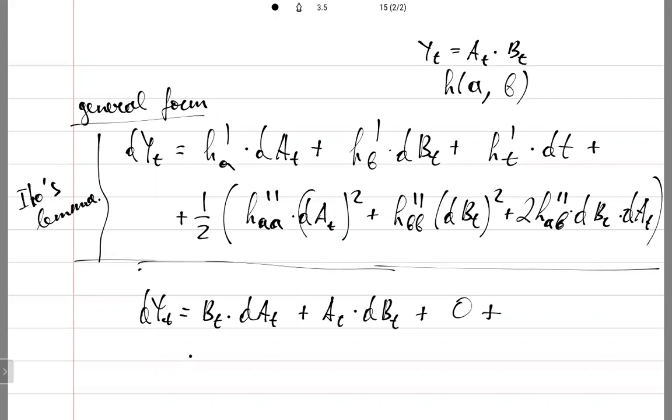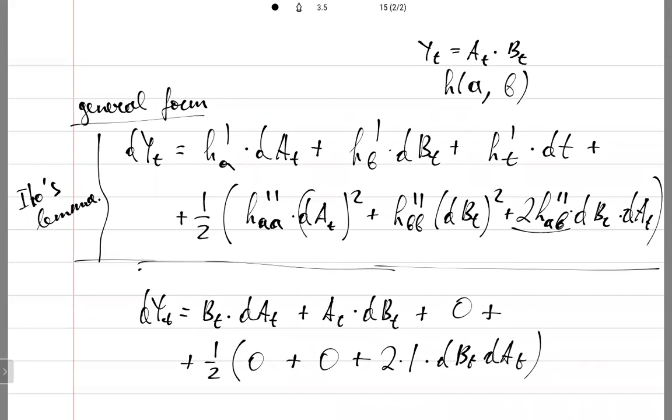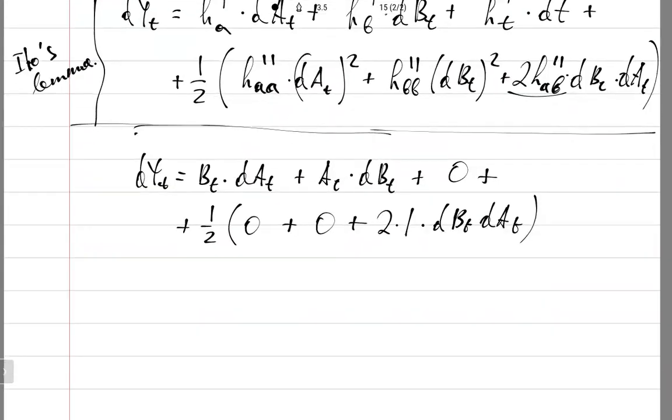0 plus 1 over 2. What do I have here? I have 0 plus 0 plus, what is the second derivative? It's 1, multiplied by 2, times dBt dAt.